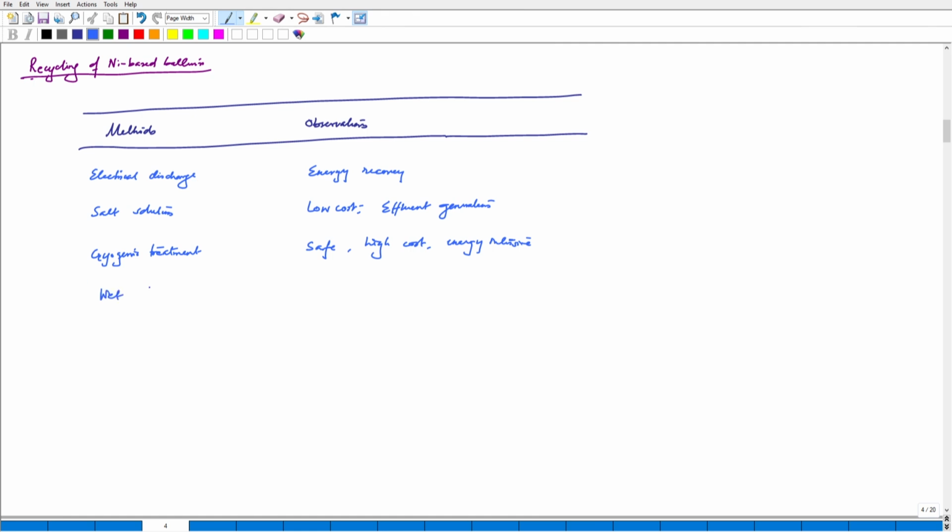Now we can go for wet comminution. That means we can just supply some slurry and go ahead for comminution. So this process is very cheap, but again the generation of effluent is a problem. Similarly, when we go ahead for inert gas comminution, it's just a variation of wet comminution.